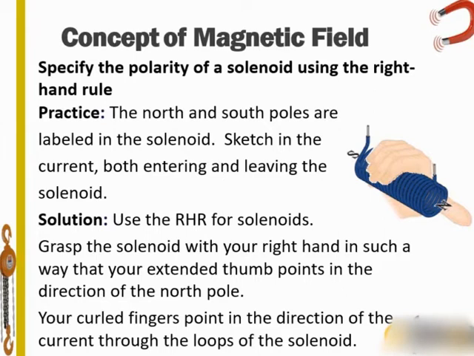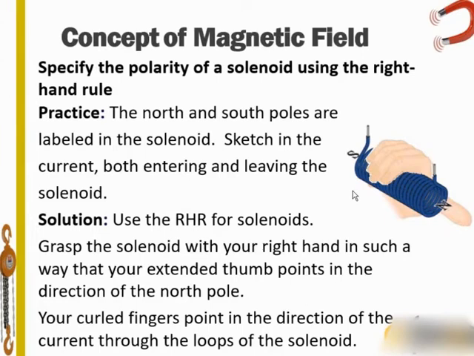So using the right-hand rule for solenoids, you grasp the solenoid with your right hand in such a way that your extended thumb points in the direction of the North Pole. And your curled fingers will point in the direction of the current through the loops of the solenoid. So once you've done that, you can see from the diagram which way the current is moving.